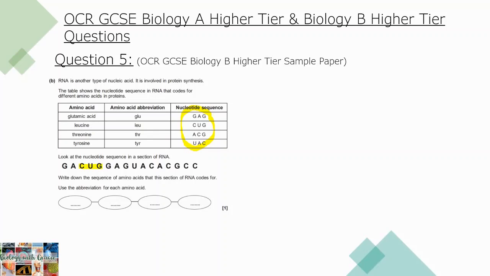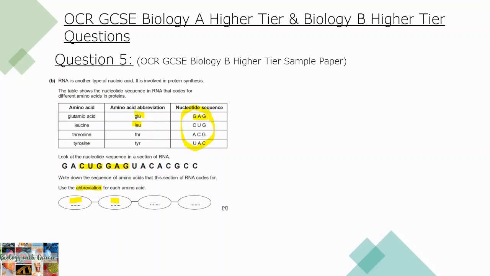So our first answer is going to be LEU, because remember we're using the abbreviation for each amino acid. So LEU is going to be our first answer. Then we've got GAG, which is here. So that is coding for glutamic acid, which is GLU. So our second answer is going to go here, and that is going to be GLU.